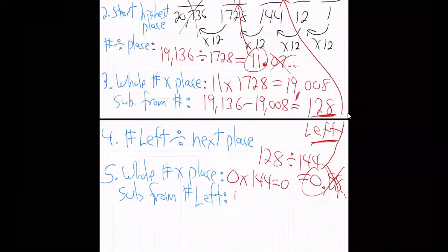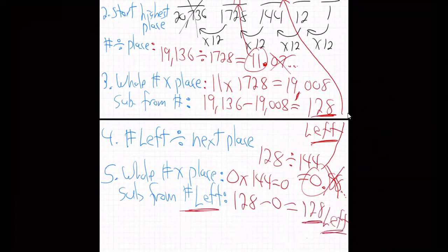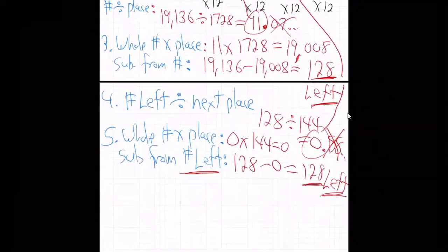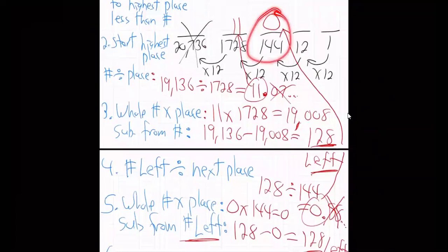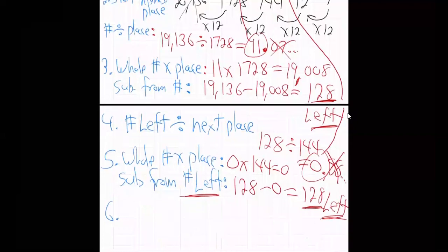The number left is still 128, right? 128 minus 0, well, that's still 128 left. Nothing really changed much. Keep on going. Number 6. So really, if you get it, you can just skip all that. You're like, hey, it's 0. Just keep the 128 and move to the next spot. But if you're not totally comfortable, you can go through the formalities and you'll end up at the same spot.